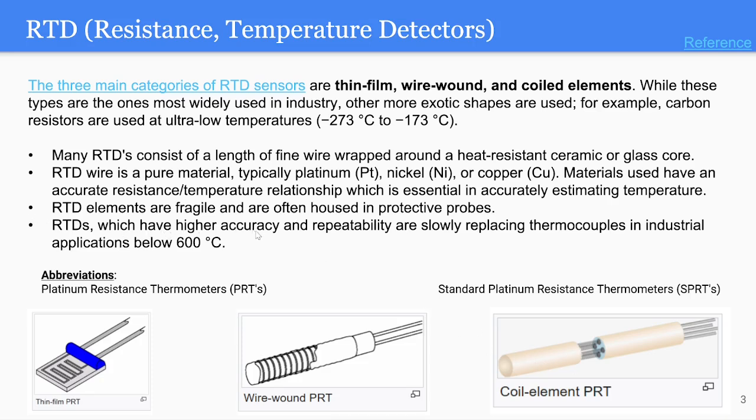RTDs, which have a higher accuracy and repeatability, are slowly replacing thermocouples in industrial applications below 600 degrees Celsius.